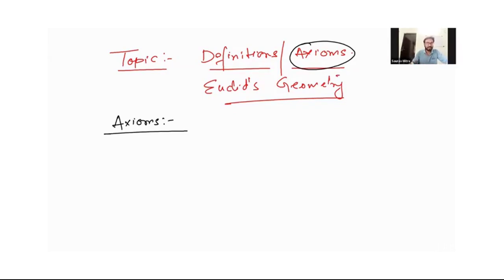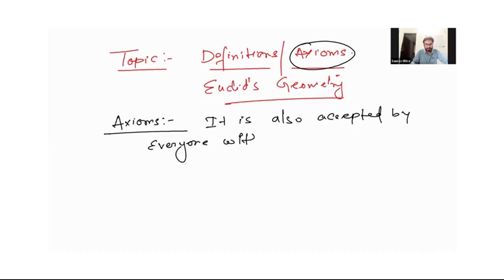It is a statement that is valid in every aspect of your maths. Okay, it is applicable in every branch of maths. It is also accepted by everyone without any proof and applicable in all fields.